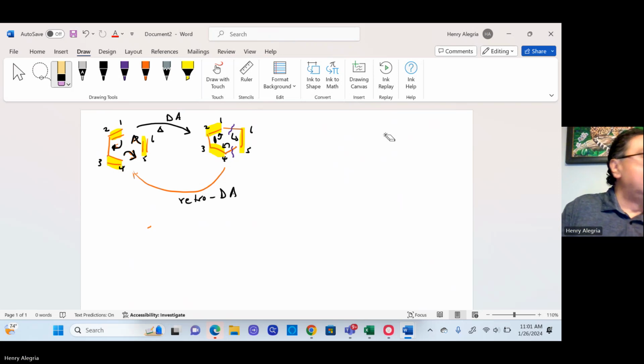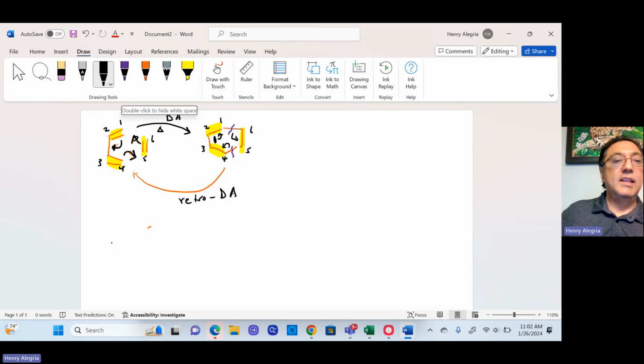So the thing to notice is the following. So let's analyze the Diels-Alder reaction. Then we look at the retro. So in the Diels-Alder reaction, notice that I am breaking two carbon-to-carbon pi bonds.